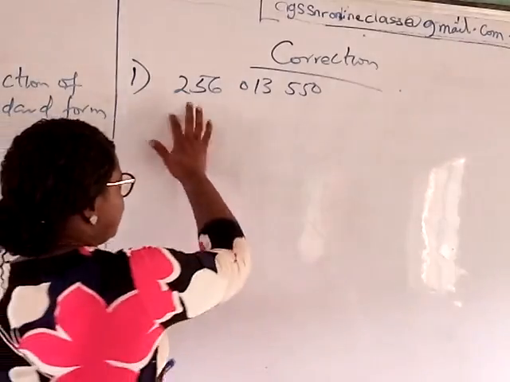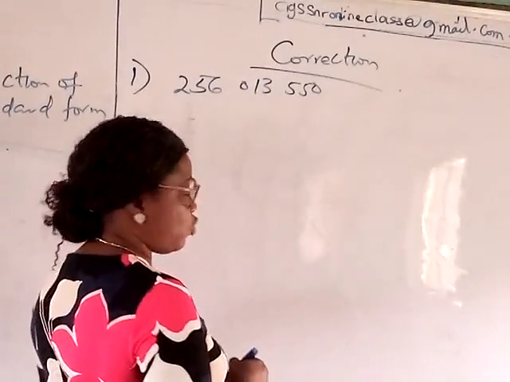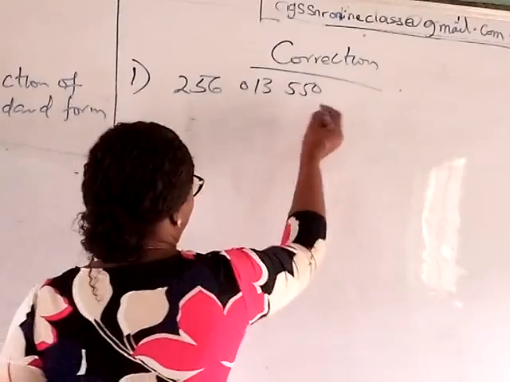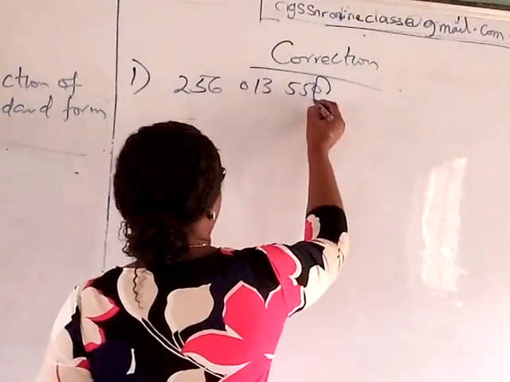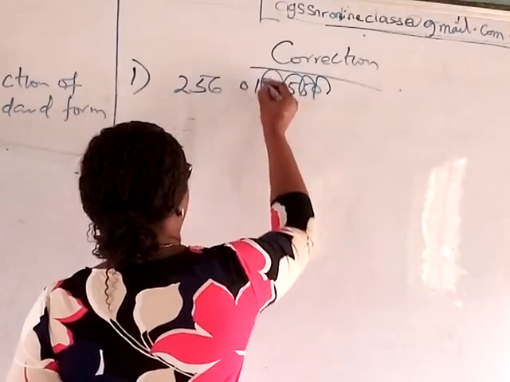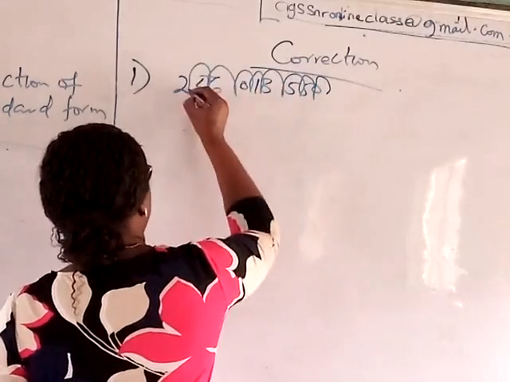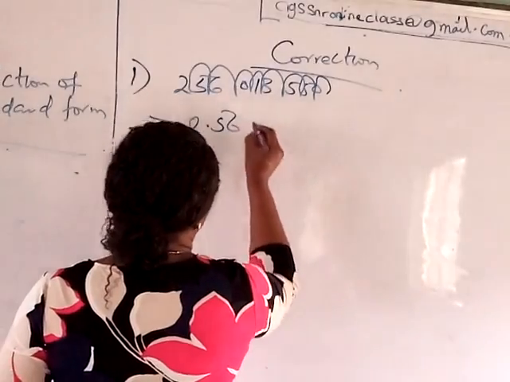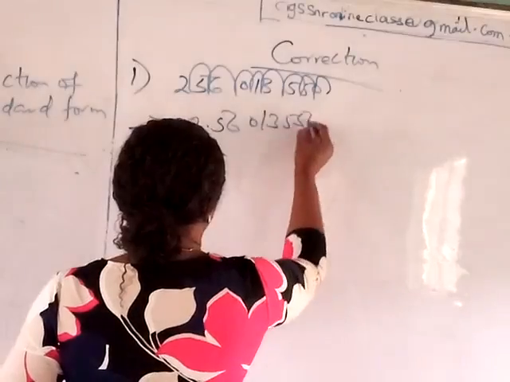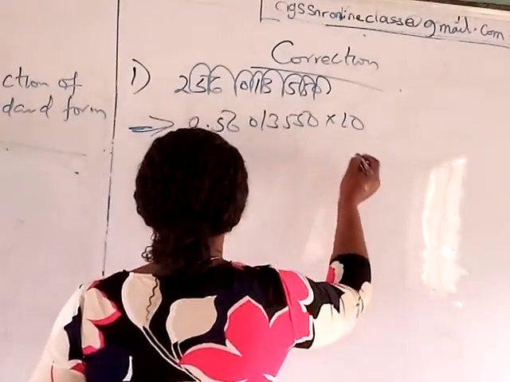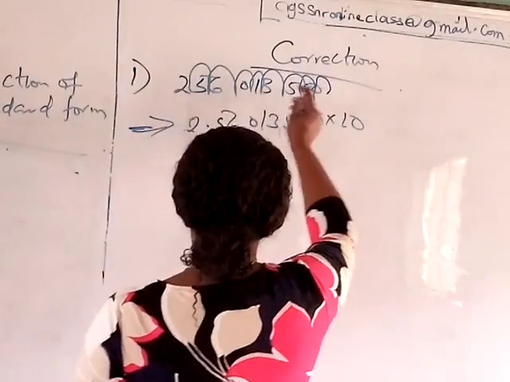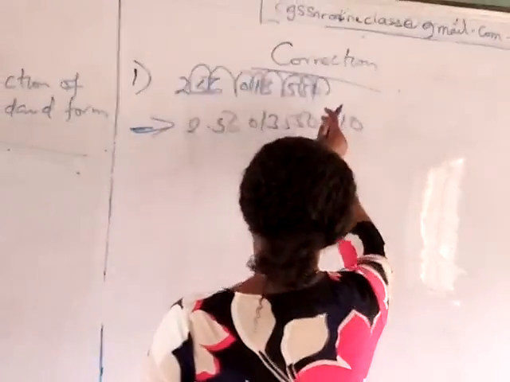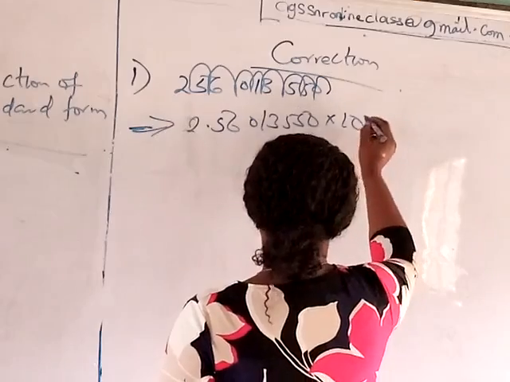So we reduce this number to a number between 1 and 10. From what we did last lesson, we have 1, 2, 3, 4, 5, 6, 7, 8. So this gives us 2.56013550 times 10 raised to power 8, because we move it forward 8 times.